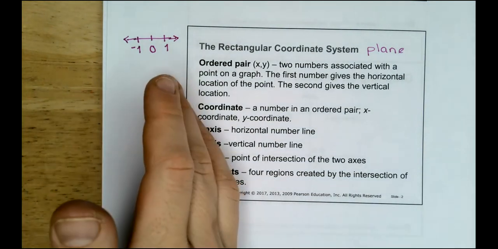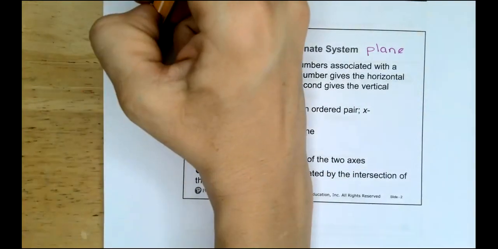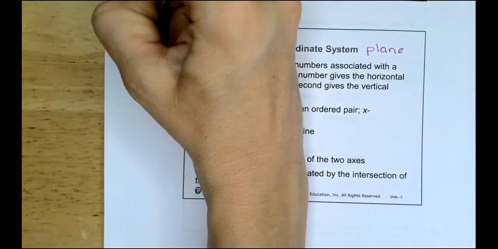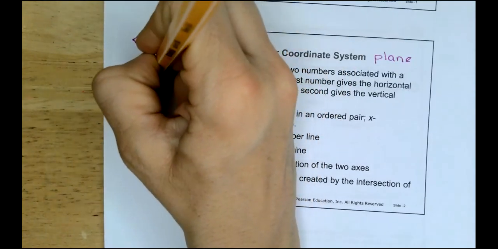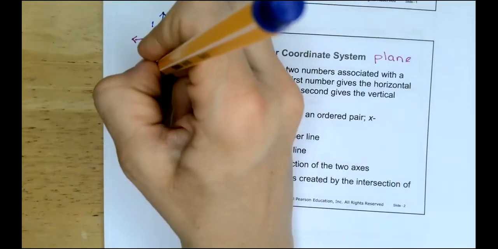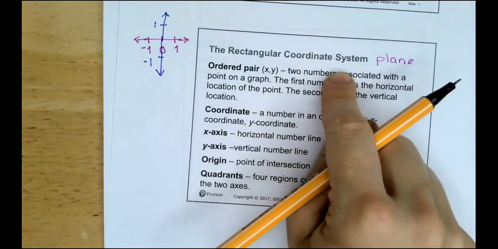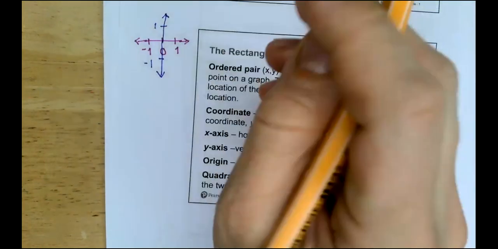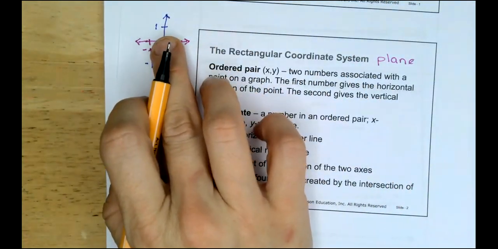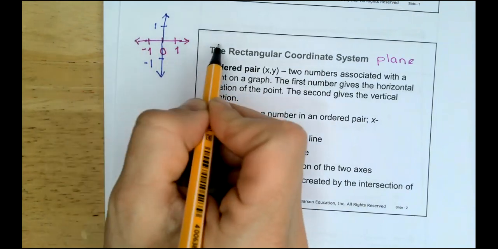So this number line, if we were to make it intersect with another number line, we would have a coordinate system. In that coordinate system, you can now map a point onto two dimensions, right?